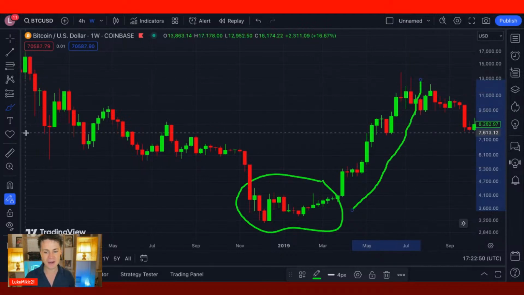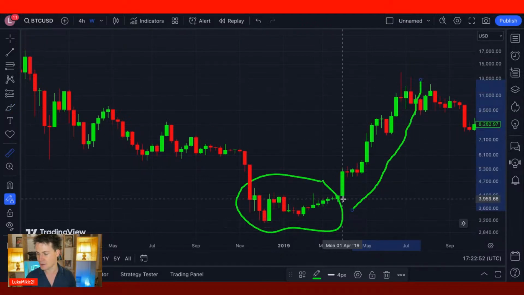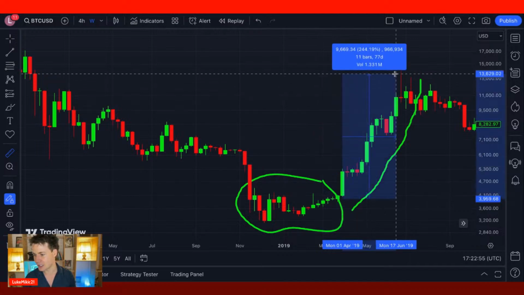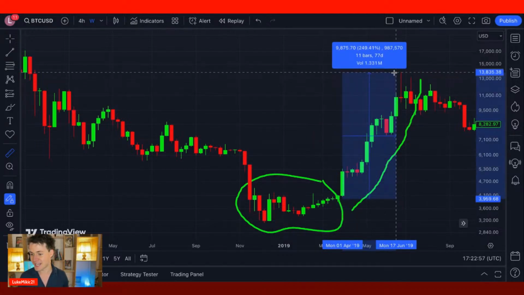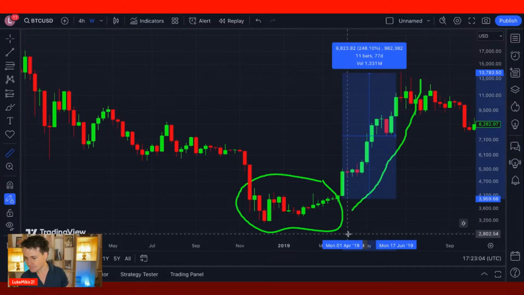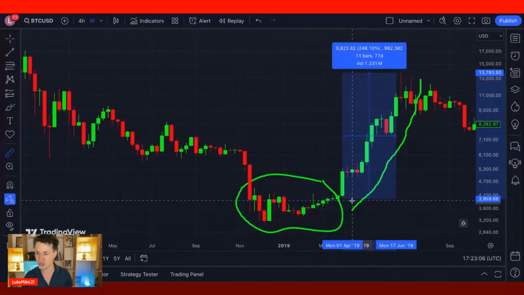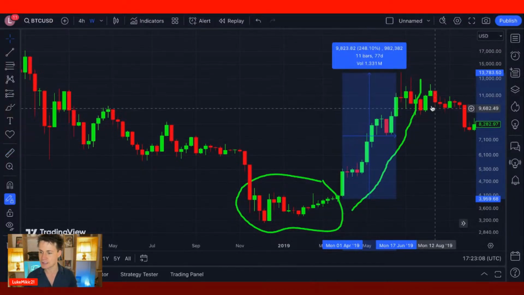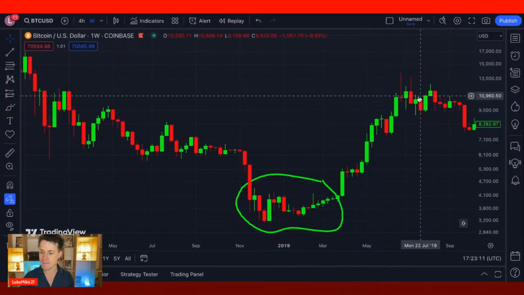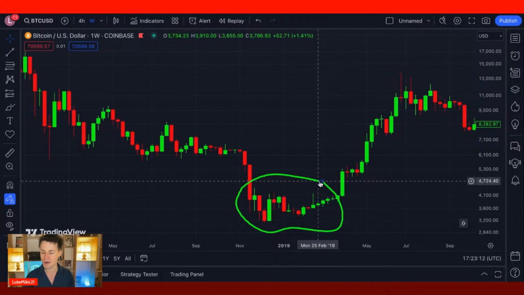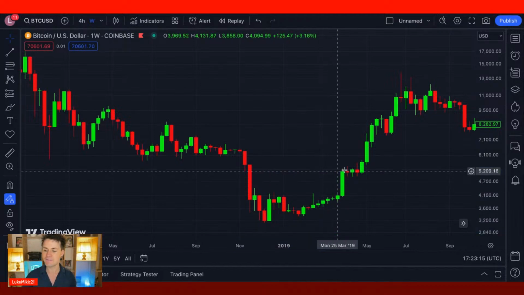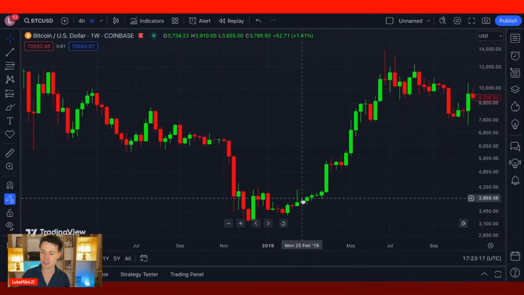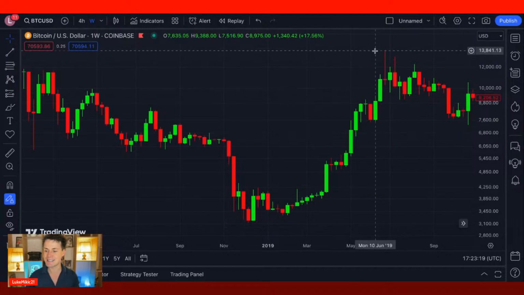In a very, very short period of time, Bitcoin rallied from under $4,000 to $14,000, increasing by 248% in literally 2 months between April and June of 2019. So this is, again, another reminder that Bitcoin can do very, very crazy things in a very short period of time. Bitcoin rallied by 250% in under 60 days in that 2019 Bitcoin bull market.